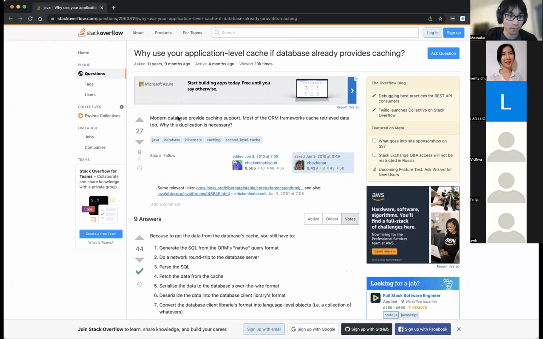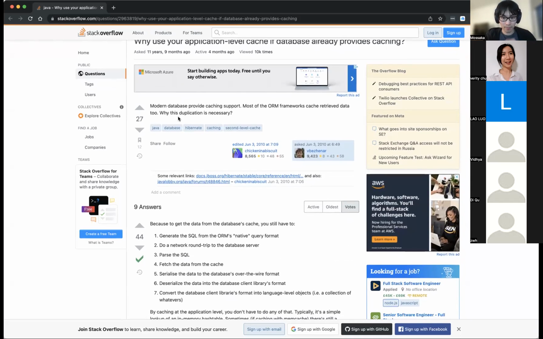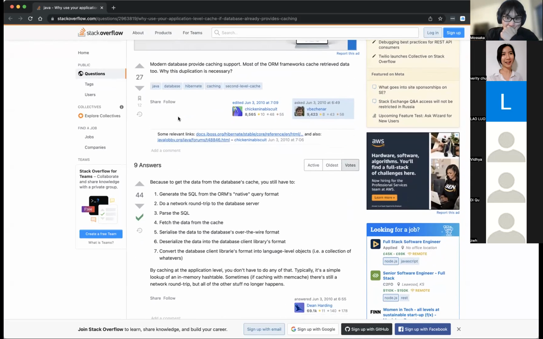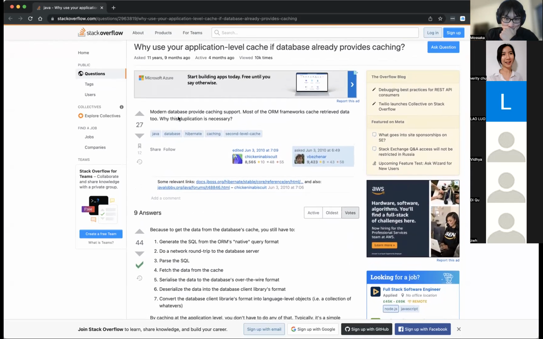Yeah. I think you are talking about the top answer, the OR mapping. That is another answer framework though. Yeah, Hibernate is OR mapping, the middle layer of the database framework to do the mapping. Yes, for sure, that is the application layer, about application-level cache and why we use it.